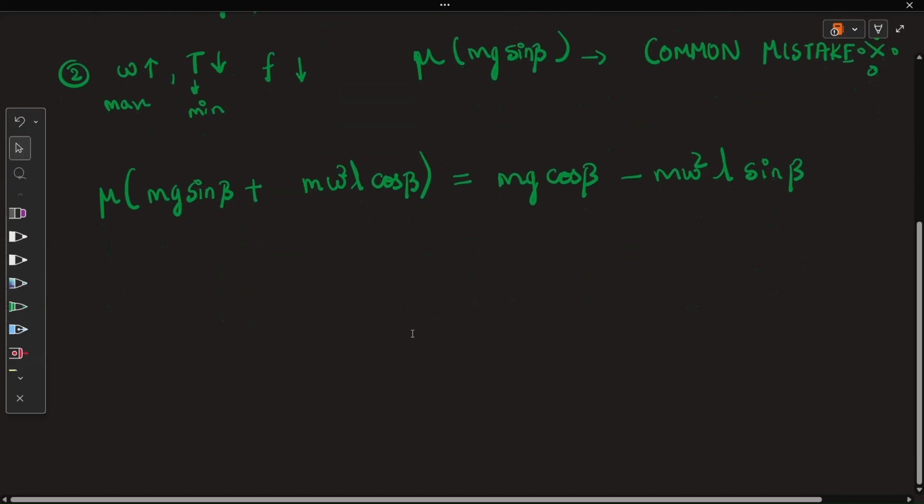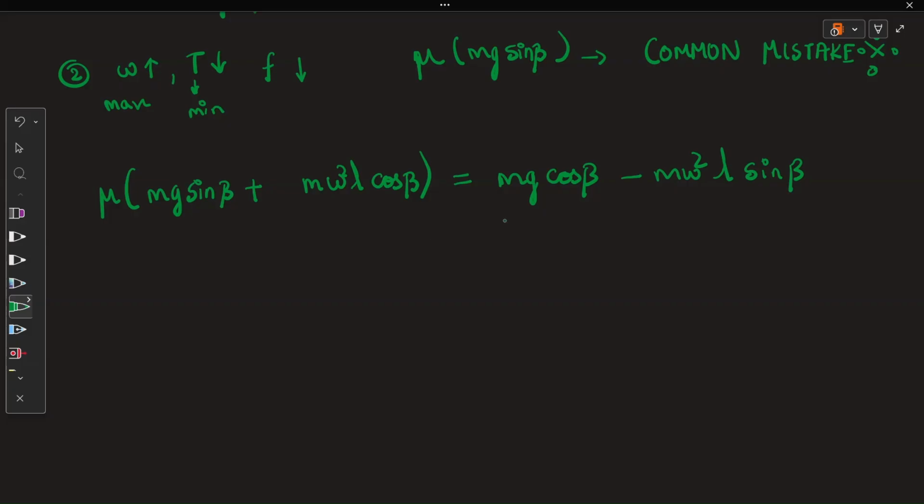Now, let's group the omega square terms because we need our time period, right? This is the limiting condition. We don't want to find the maximum because this is a maximum case. What I do is cancel all the m terms. Mu g into sin beta minus g into cos beta is nothing but minus omega square L into sin beta plus mu cos beta.